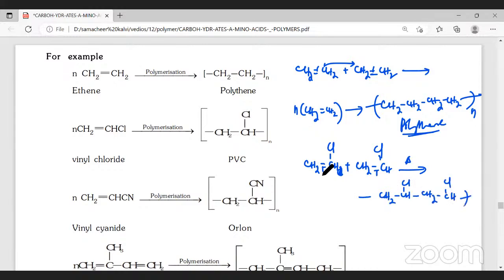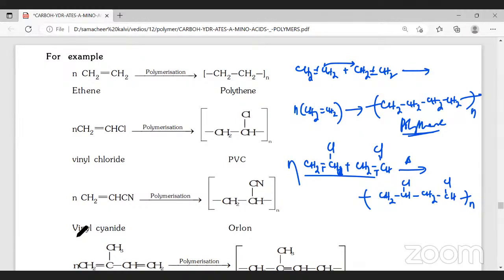It goes on like this. It depends on the number of monomeric units. If we take n monomeric units, the chain length will keep on increasing. Here also, we can observe that there are no byproducts. Therefore, preparation of polyvinyl chloride is also an example for addition polymerization.